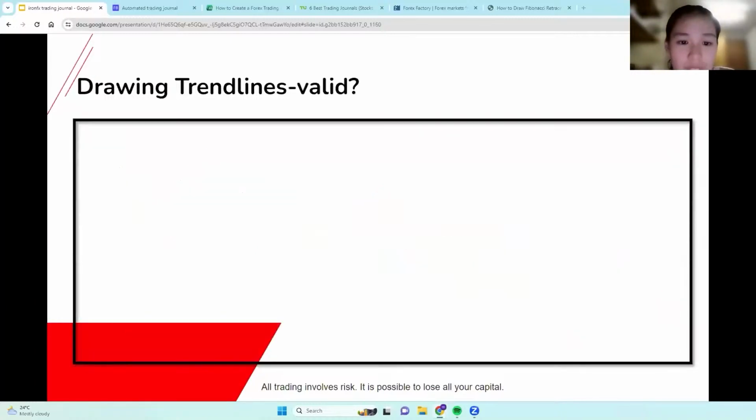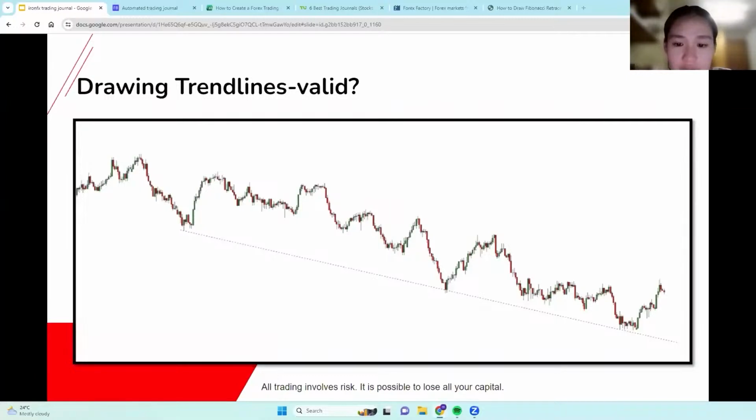Let me know if you guys think that this trend line is valid or not in the chat.